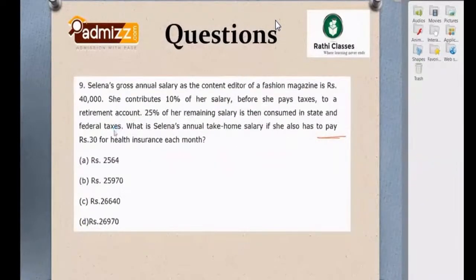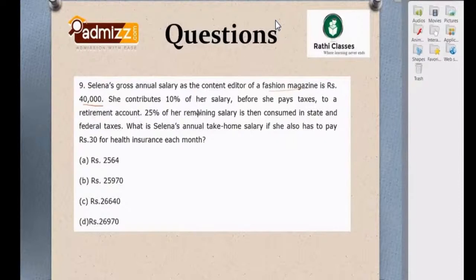Moving on to the next problem. In question number 9, if you see the question, Selena's gross annual salary as the content editor of a magazine is rupees 40,000. She contributed 10% of her salary before she pays taxes. That means 40,000, if you reduce 10%, that means 4,000 has been gone. So the net salary she has is 36,000 now.